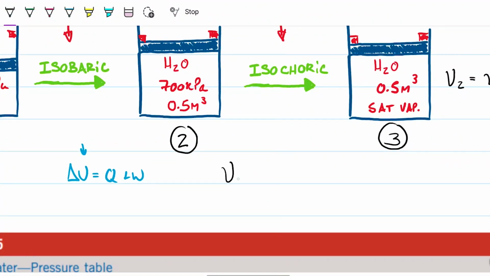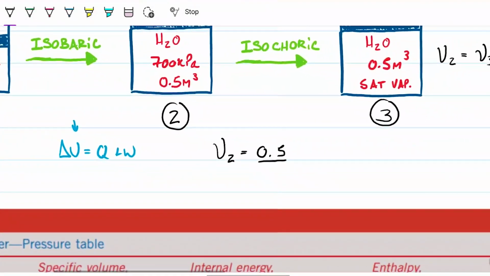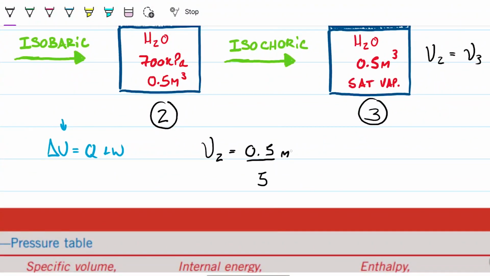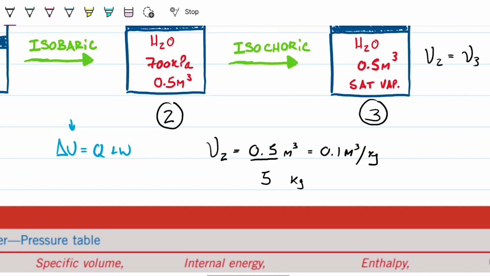But I can find out specific volume, because that's the property that interests me. For that I need to take the 0.5 and divide by the mass, which is 5 kilograms. So 0.5 meters cubed divided by 5 kilograms gives me 0.1 meters cubed per kilogram.